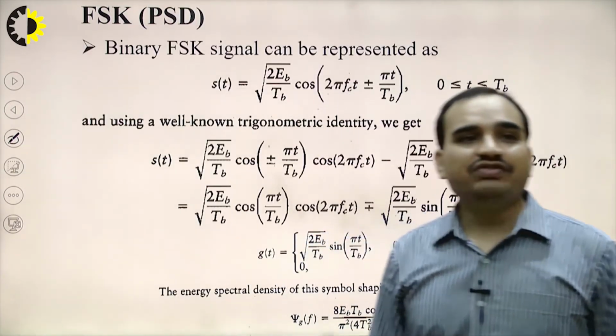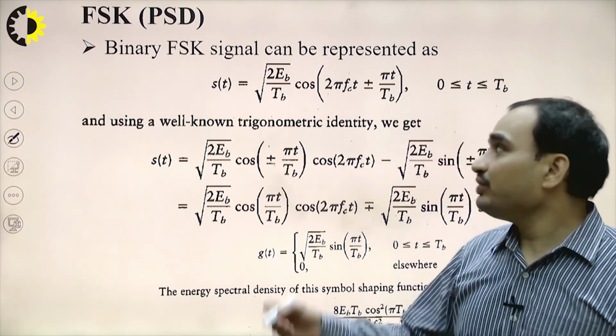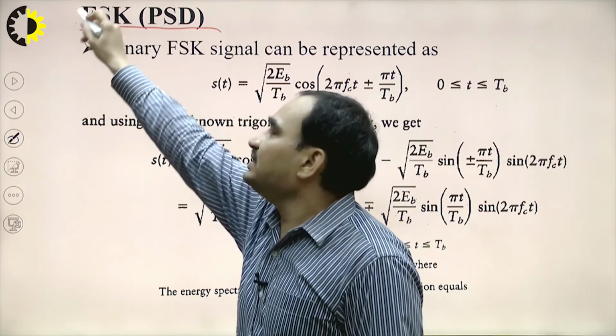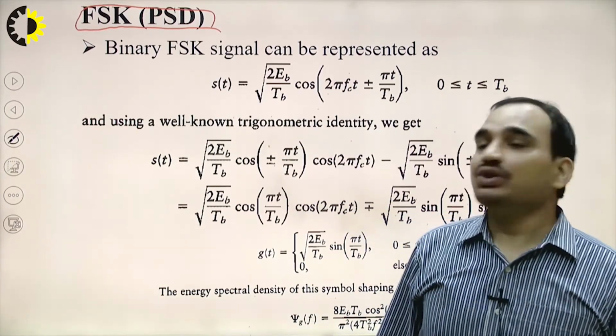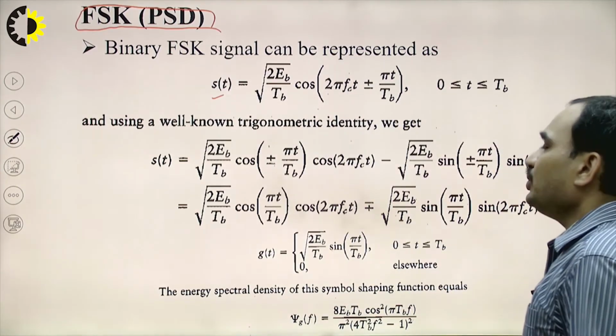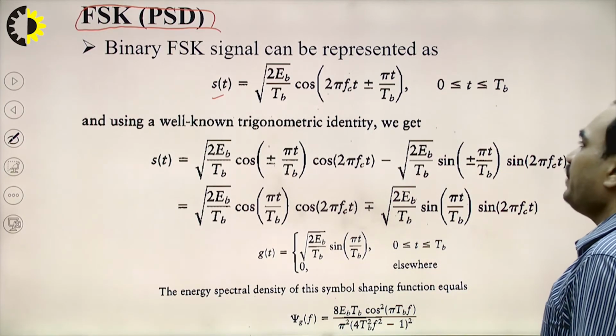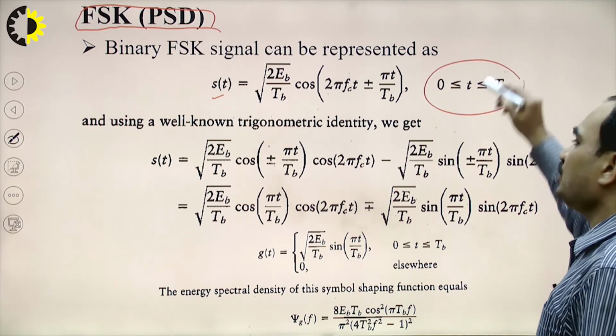So the binary FSK signal can be represented as follows, and we have to find the power spectral density, PSD, of the FSK signal. We have s(t), given by root of 2 Eb by Tb cos of 2 pi fc t plus or minus pi t by Tb, for the range from 0 to Tb.